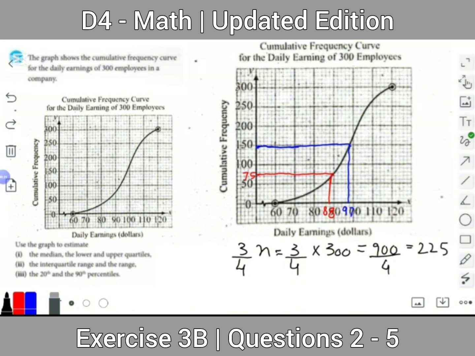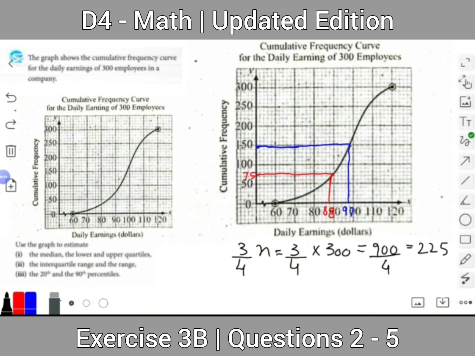So now we will look for the data values corresponding to the cumulative frequency of 225. So now first we will identify the point 225, since we know that each square unit along the y-axis is equal to 10.